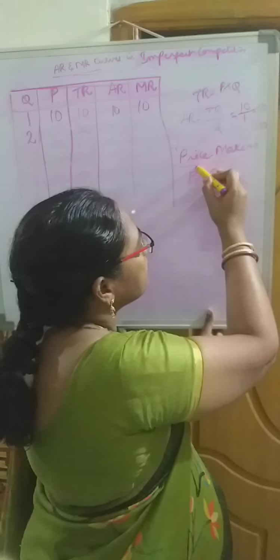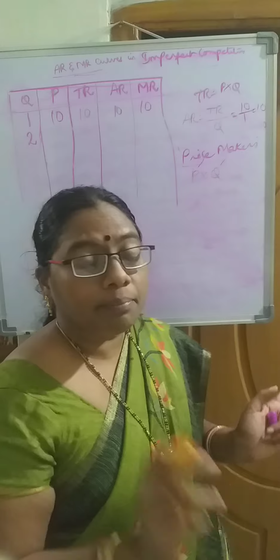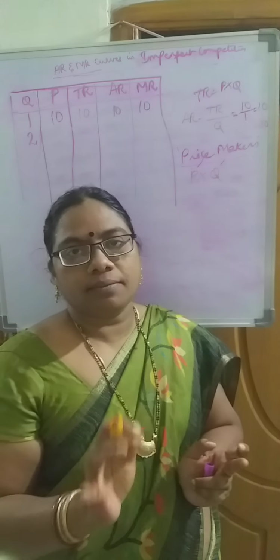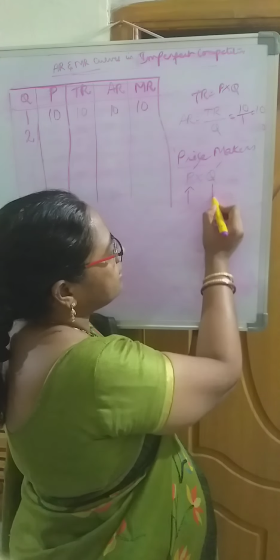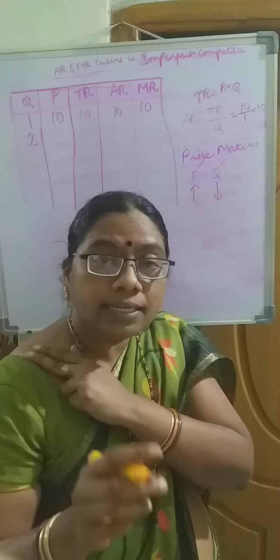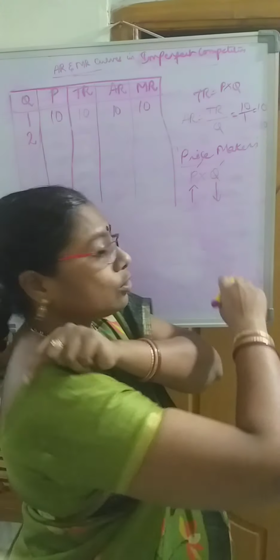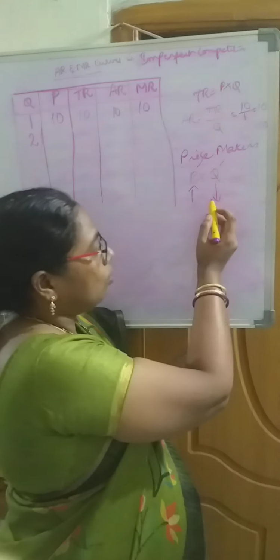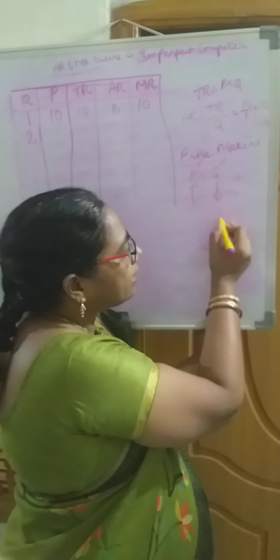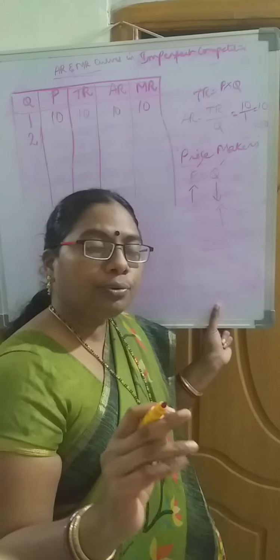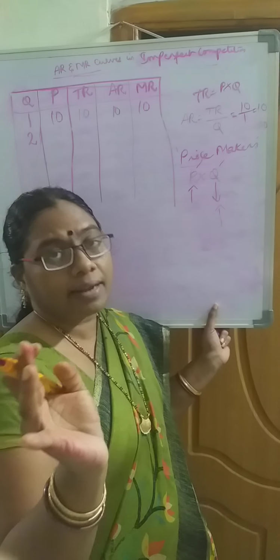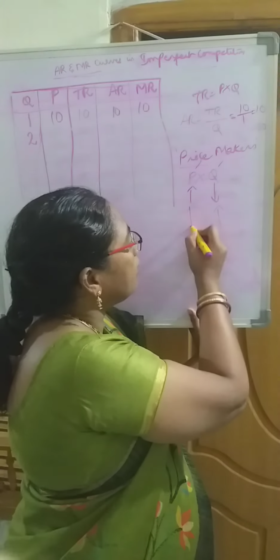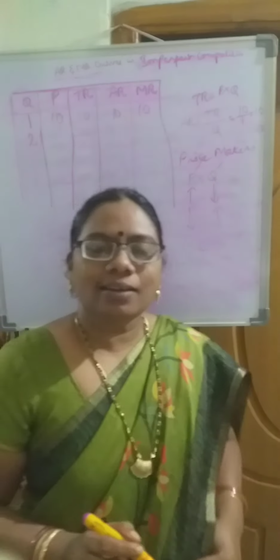Either they can change the price or the quantity, but not both at the same time. If they want to increase the price, then certainly they have to decrease the quantity. Or if they want to increase the quantity, if they want to sell all the products that they are having, then they have to definitely decrease the price.